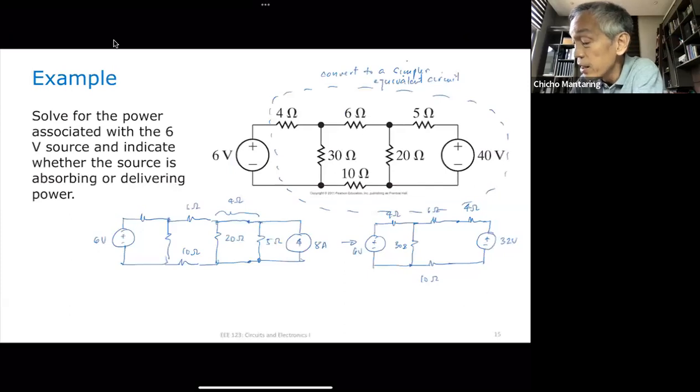So that's what I did here. Where this was connected before, I now replaced it with this. And that won't change the behavior of the circuit. Did you understand that?